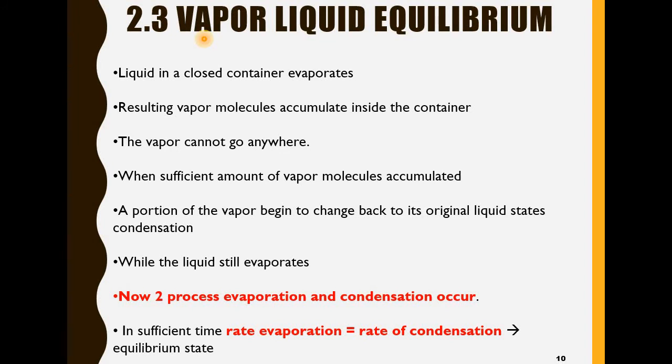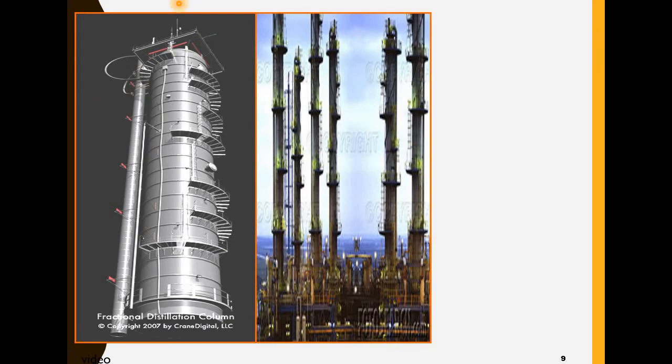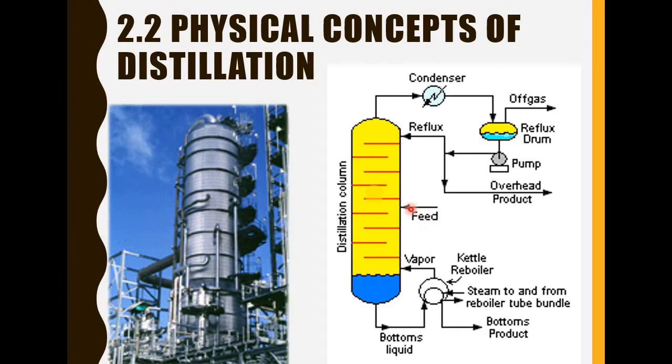When a feed enters the distillation column, we heat up the feed. At a certain temperature, the mixture turns into liquid and vapor, so the distillation column has a mixture of vapor and also liquid.